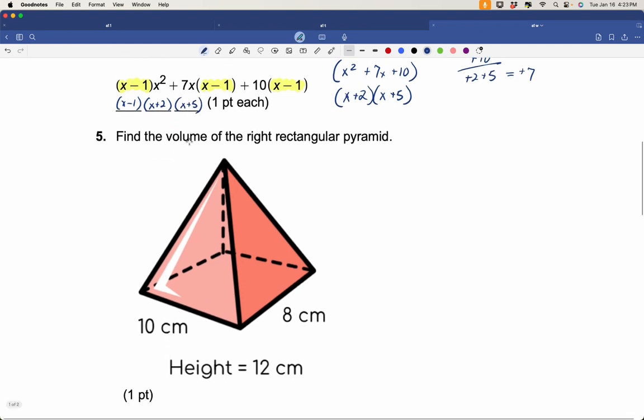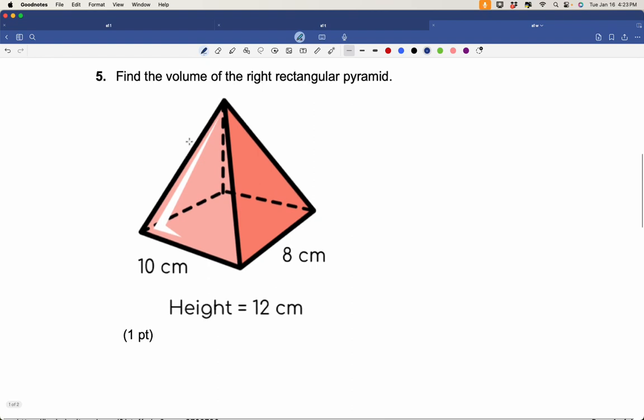All right. Now let's find the volume of the right rectangular pyramid. Pyramid. I can't speak today. So volume of a pyramid is equal to the area of the base times the height divided by 3. So first we need to find the area of the base.